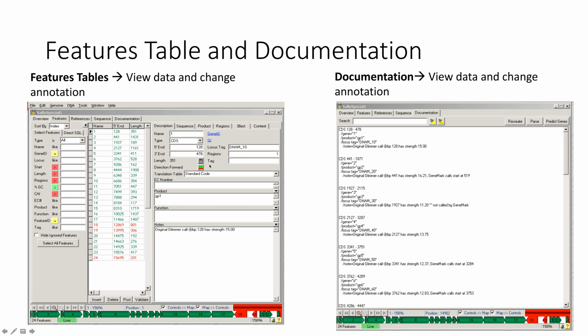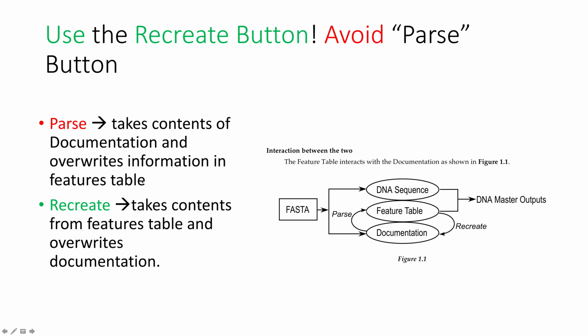This would be problematic if you're making changes and storing them in the features table, but then you parse what's in the documentation. It's likely that you will lose all the changes you've made in your annotation. So you want to avoid the parse button and stick to just pushing recreate whenever it so pleases you, because that will constantly update the documentation information.